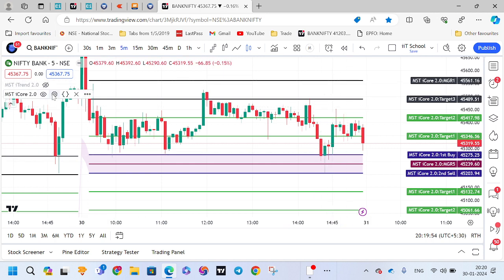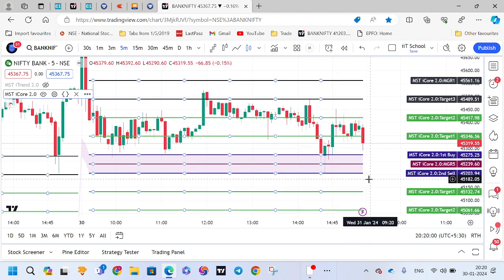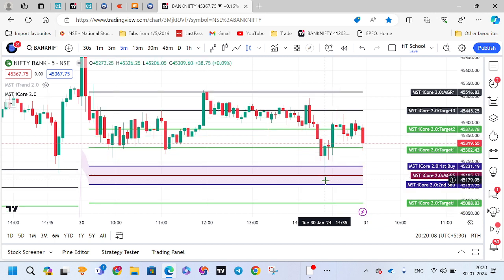Otherwise we have given one more point, which is called the Kabaddi calculation. Go to this Kabaddi calculation for the reversal entry, for the second time entry I am saying. So when you go for the Kabaddi calculation, see the perfection. Perfectly, the market has given one more entry at 235. Three targets have been hit.